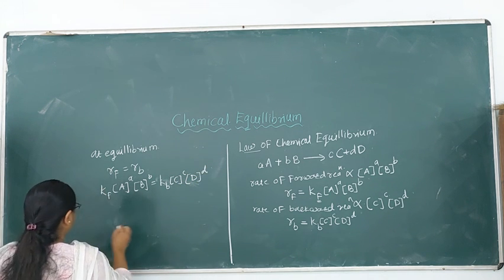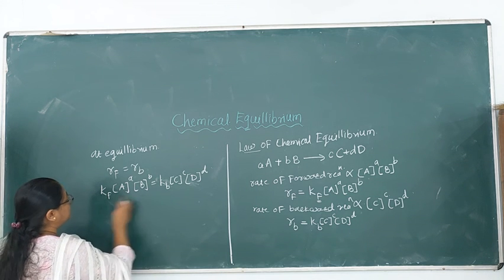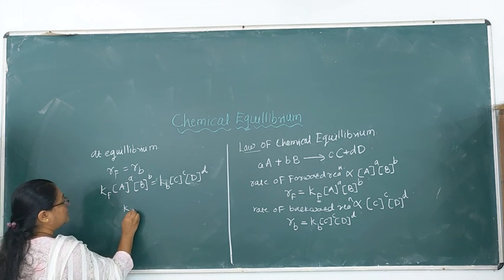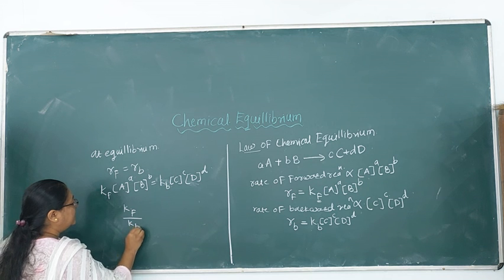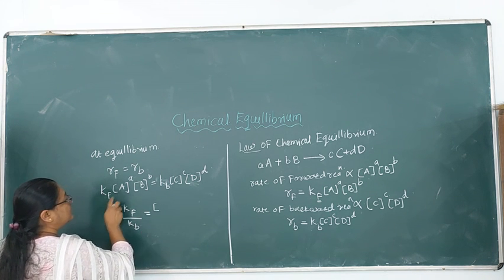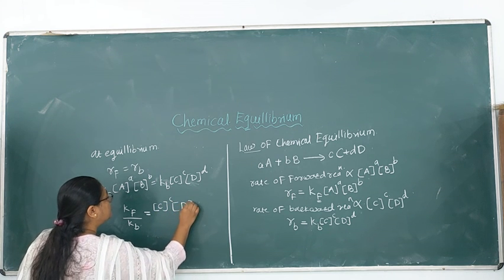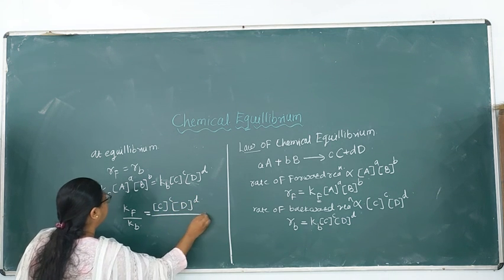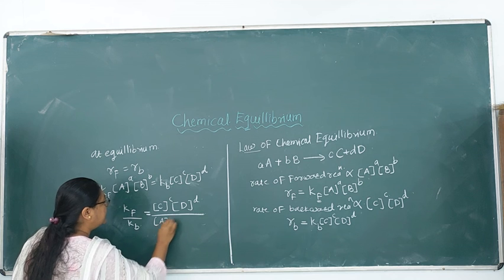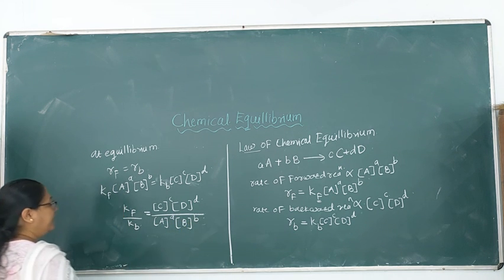Now actually what I am doing is Kf divided by Kb is equal to, I am taking this on this side, this on this side, so C raised to c, D raised to d divided by A raised to a and B raised to b.